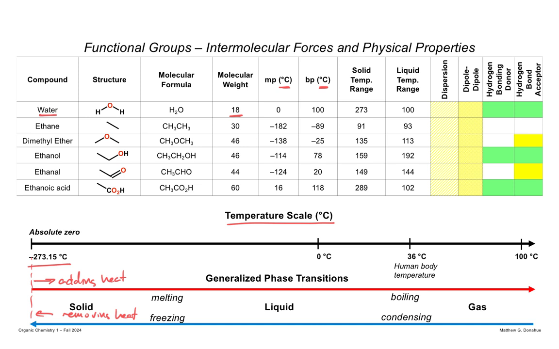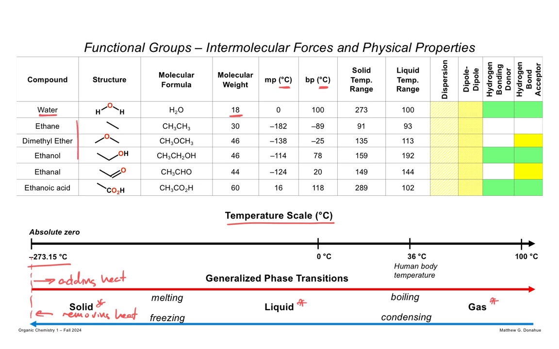So in the phases here, we have solid, liquid, and gas. Depending on which way you're moving, you have melting, freezing, and then boiling, condensing. So we're calibrated with water in its 3 states.